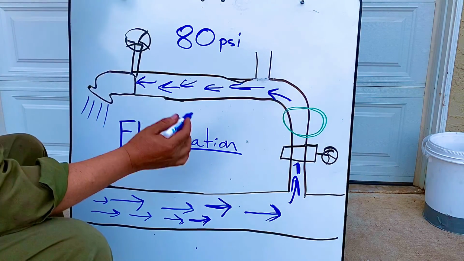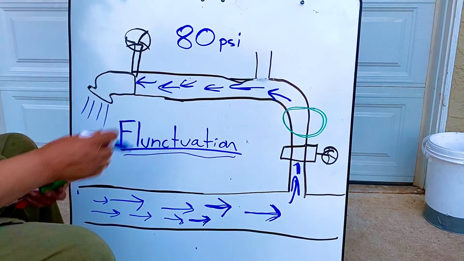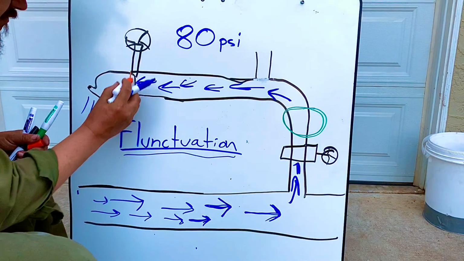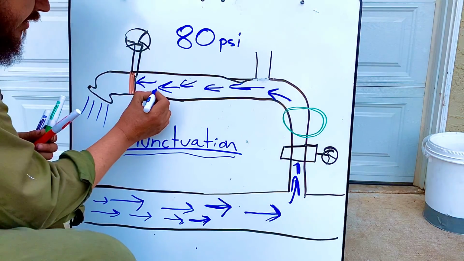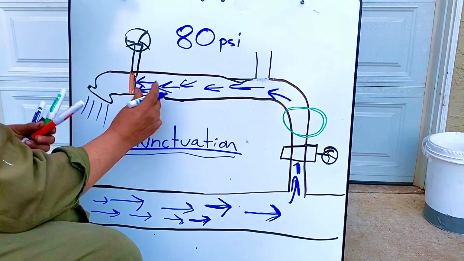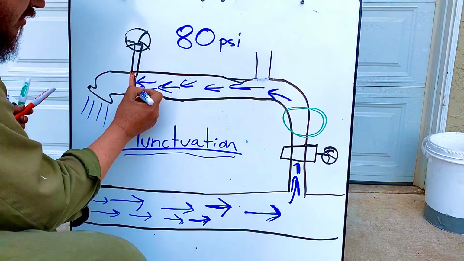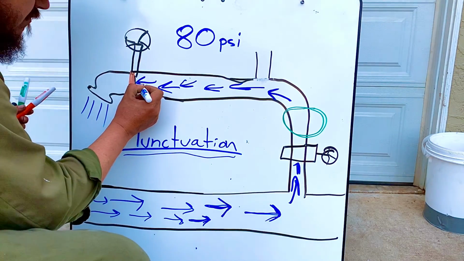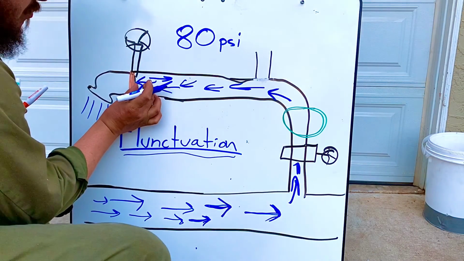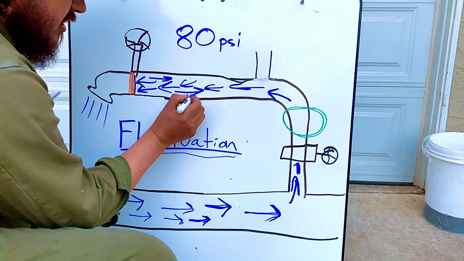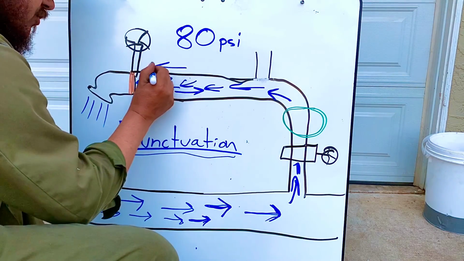Now, what is water fluctuation? Water fluctuation is when you close this valve and stop the flow. The water hits that valve, and because it's running at such a speed, the pressure bounces back, so it becomes low pressure, and it hits the high pressure that was coming in and bounces back into your house.